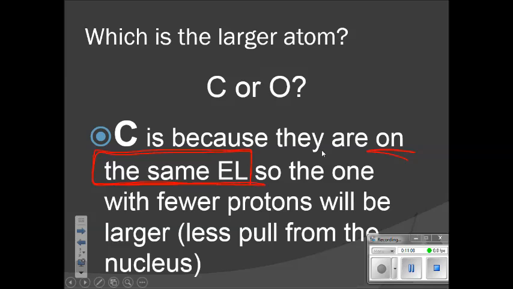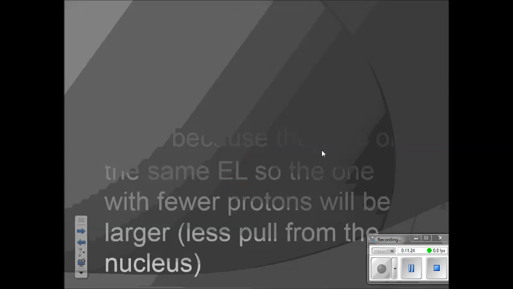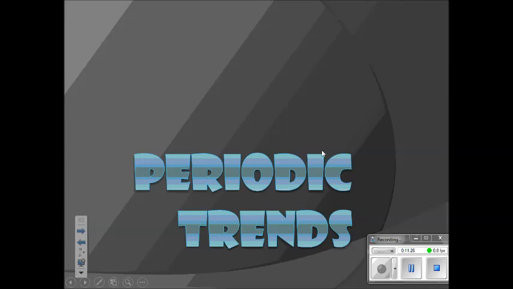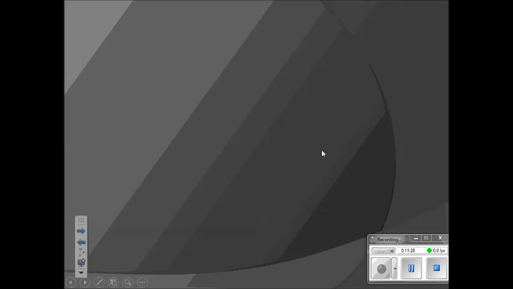So you have to state in your little description they're on the same energy level and then discuss the protons. Don't ever just start discussing the protons. Make sure you say that they are on the same valence energy level. That's often worth a whole point. And if you don't say it and you go right to protons, you lose that point, and we don't want that to happen, obviously. All right, so that is the end of atomic radius.